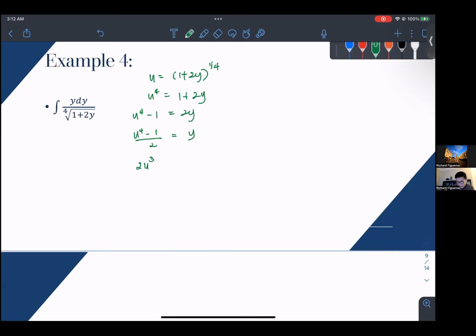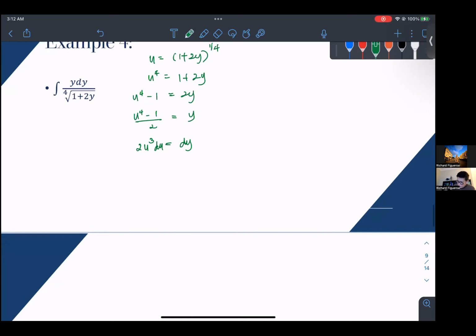The derivative of negative 1/2 is 0, so that would be equal to dy. So 2u cubed du is equal to dy.